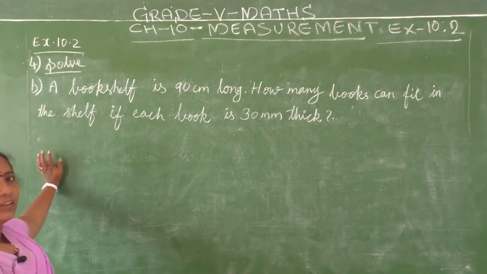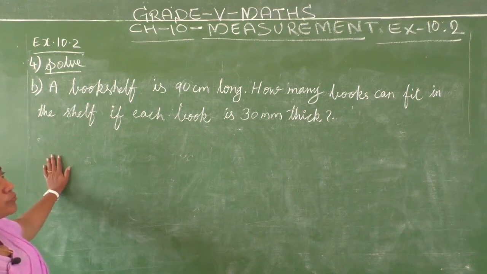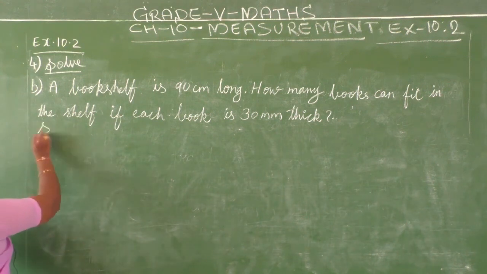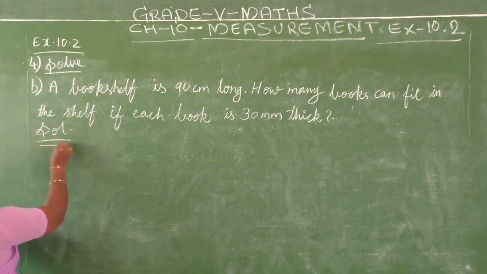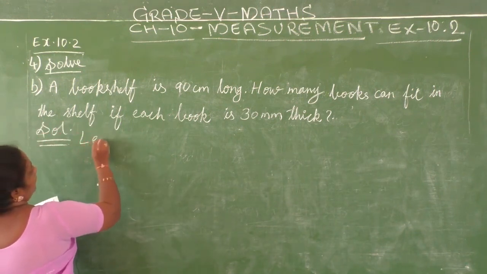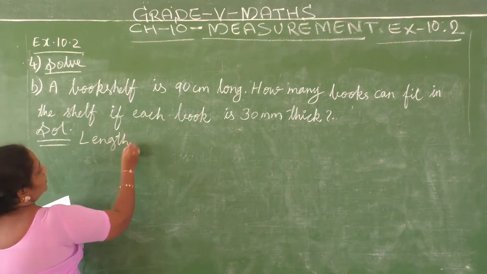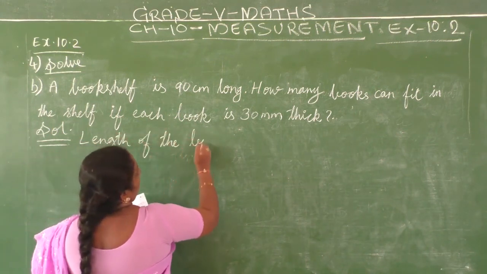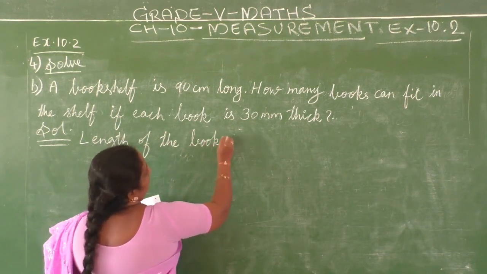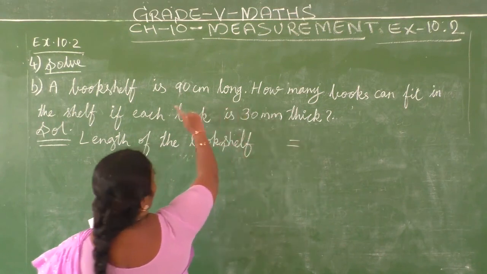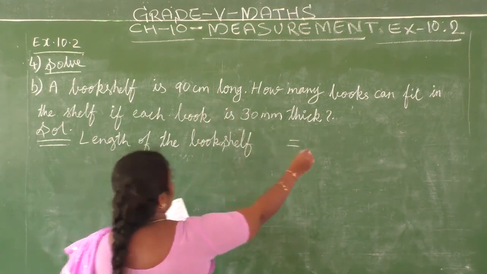By division we can find out how many books we can fit in the bookshelf. Okay. See. Solution. Length of the bookshelf is what they gave, 90 centimeter.